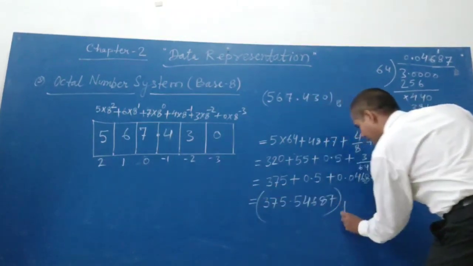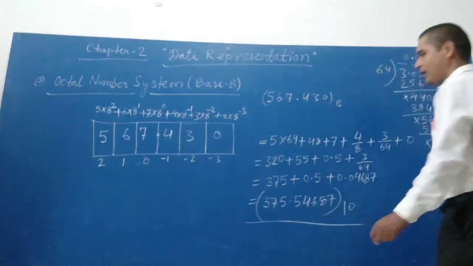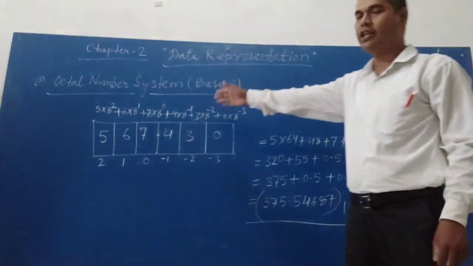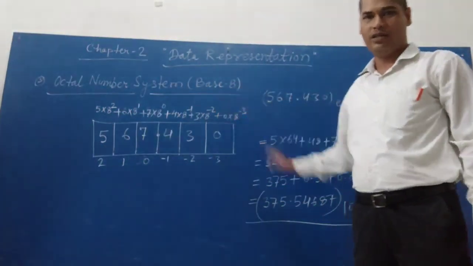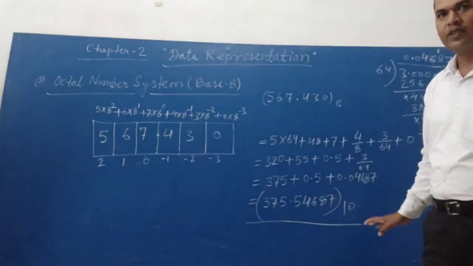So this is the decimal number converted from the octal number system.